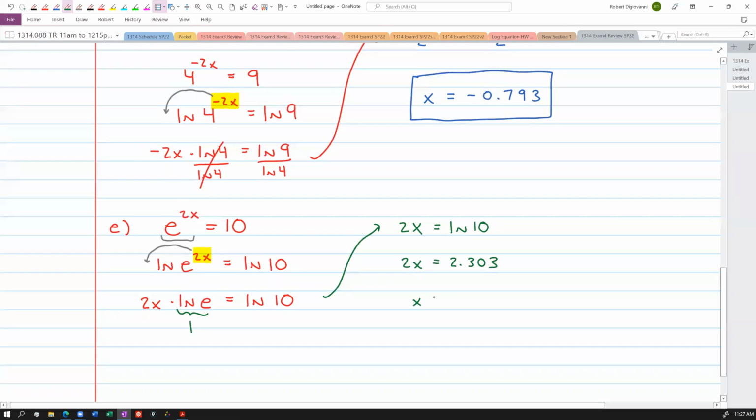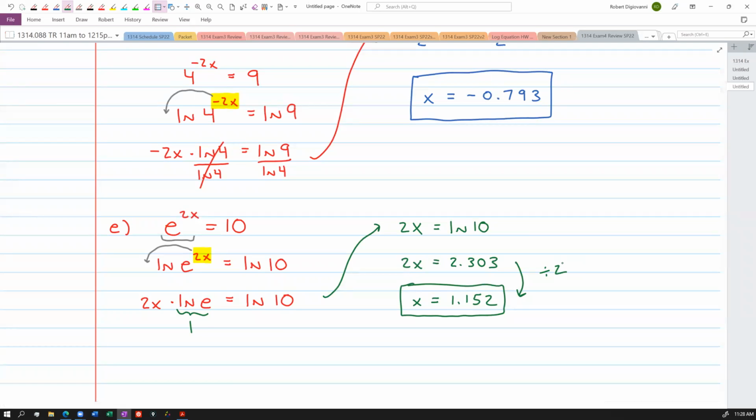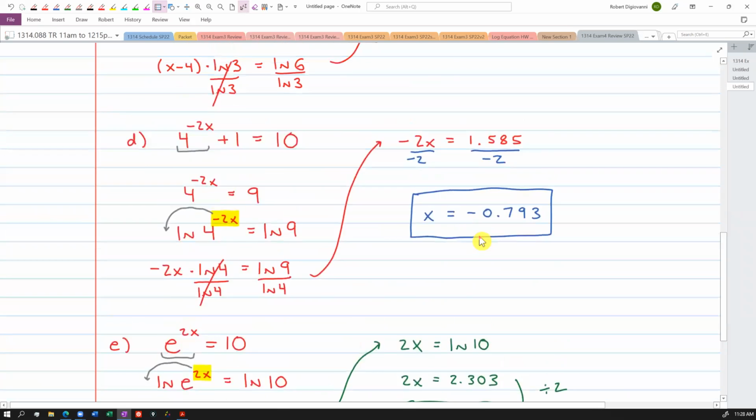So x is equal to 1.151 or 152, somewhere around there. Right, from here to here, all I did was divide by 2. All right, so the big thing on that problem is just to remember that natural log of e is 1. And that's going to be helpful on the last example here, F.